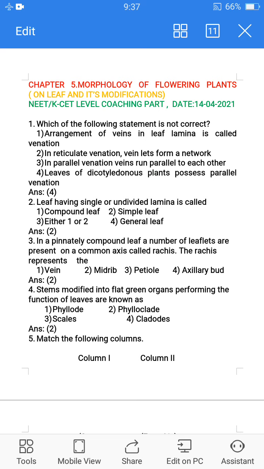Fourth question. Stems modified into flat green organs performing the function of leaves are known as. Options. 1. Phyllodes. 2. Phylloclade. 3. Scales. 4. Cladodes. So the correct option for this question is Phylloclade. Understand? It means the stem is modified into a flat structure and is green in color.